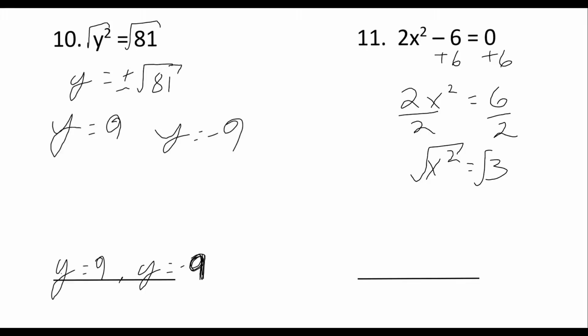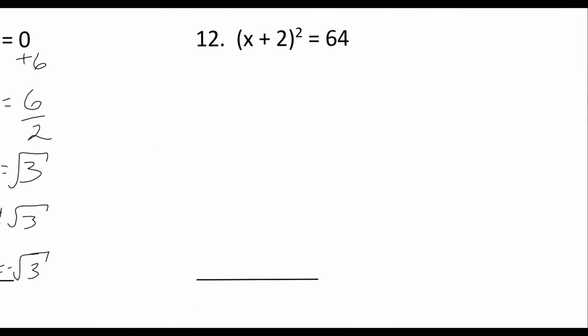So we take the square root of both sides, and we're left with x equals plus or minus the square root of 3, which means x equals the square root of 3 and x equals the negative square root of 3. And there you have it.